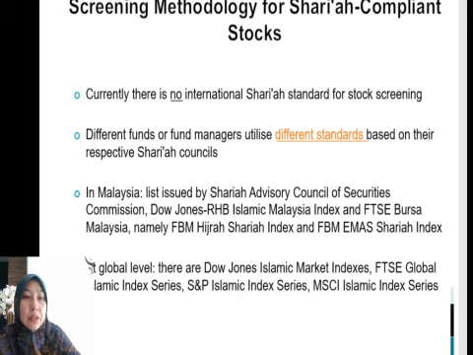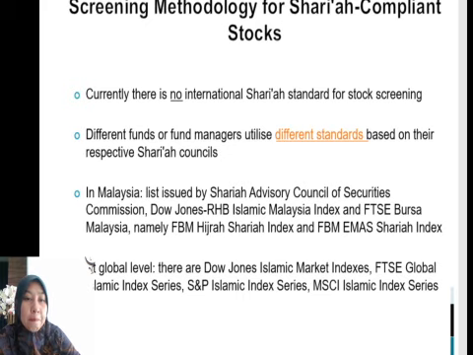So in Malaysia, it is issued by the Sharia Advisory Council of the Securities Commission, because this council is under the Securities Commission. Their responsibility is to observe that all the stock in the Islamic capital market complies with the Sharia.